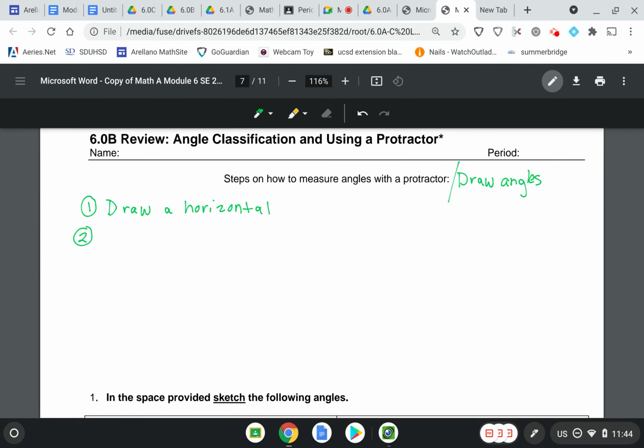Okay, then after, in step 2, once you draw your horizontal, you're going to determine whether you're going to use the left or the right side of your horizontal as your vertex. So you're going to draw an endpoint on the horizontal to determine the vertex.